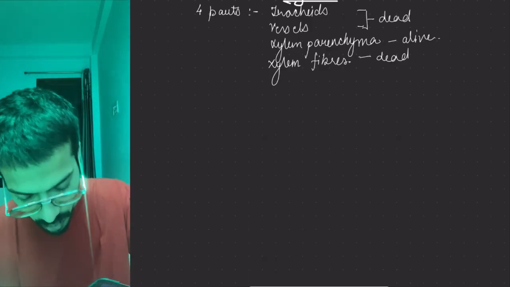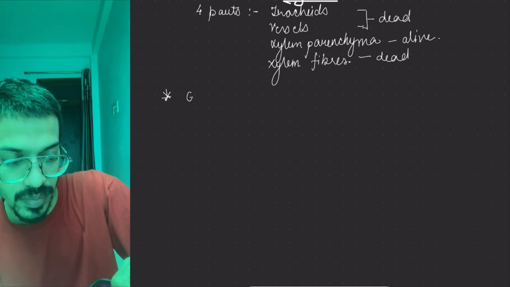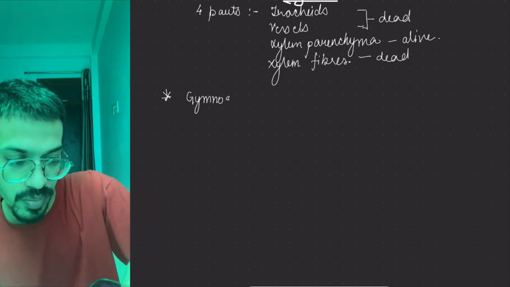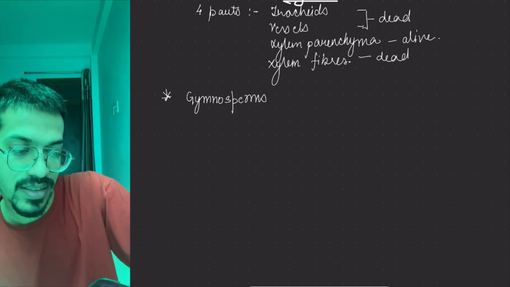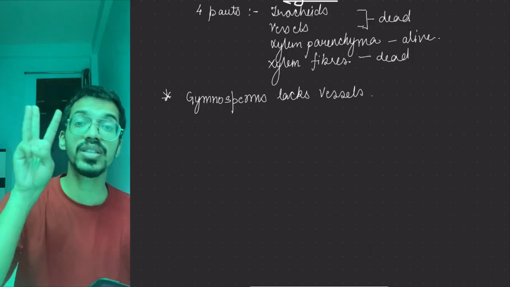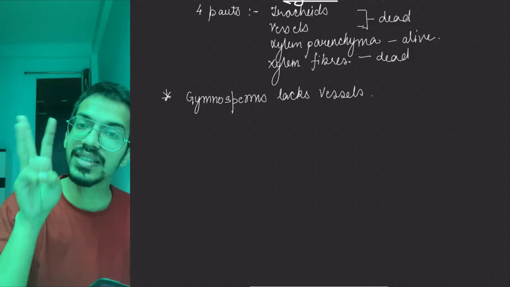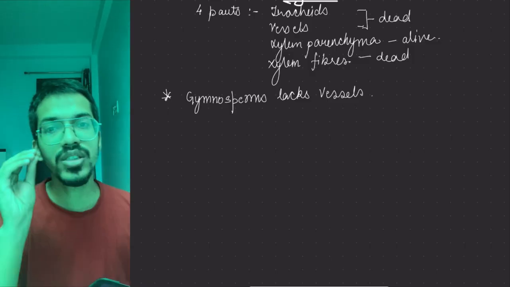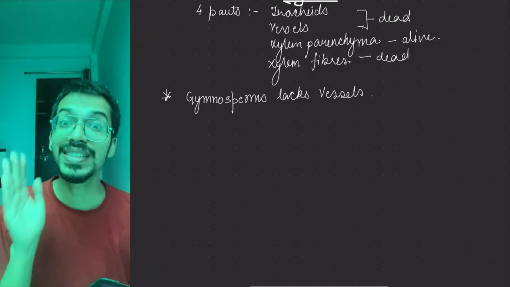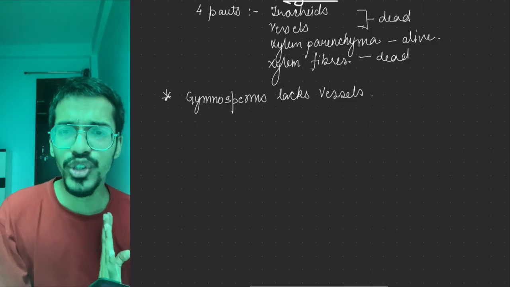Number one, you have to remember that gymnosperms lack vessels, except three of them, like Welwitschia, Ephedra and Gnetum. These three are the different orders which contain vessels also. Means they are evolutionarily closer to the angiosperms.